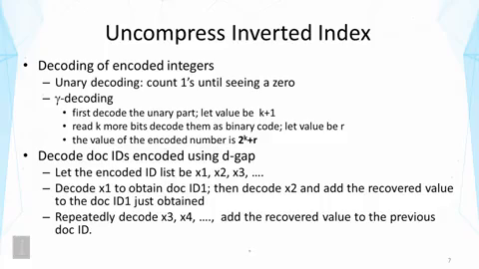Suppose the encoded ID list is x1, x2, x3, etc. We first decode x1 to obtain the first document ID, ID1. Then we would decode x2, which is actually the difference between the second ID and the first one. So we have to add the decoded value of x2 to ID1 to recover the ID at the second position.